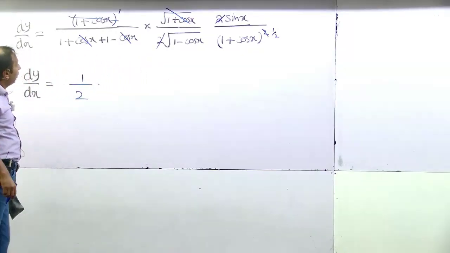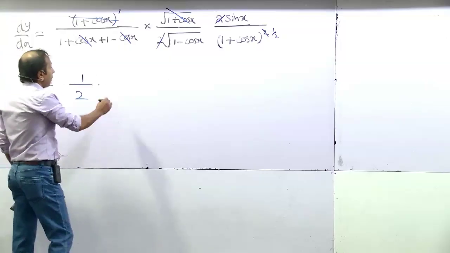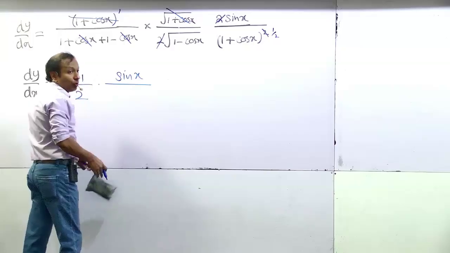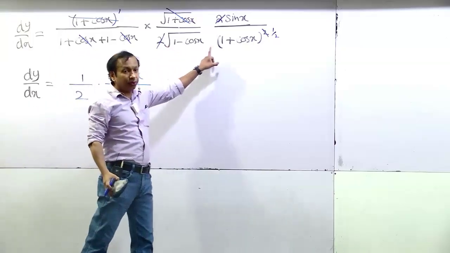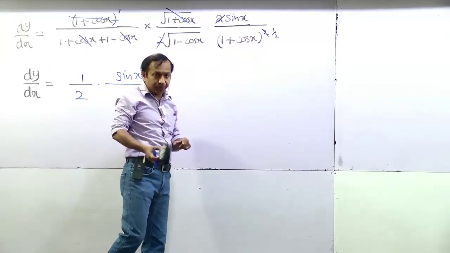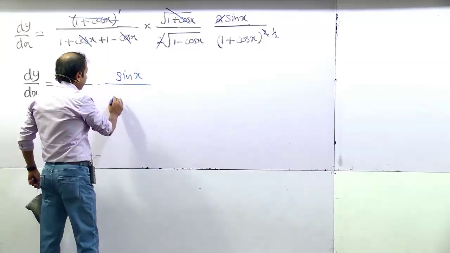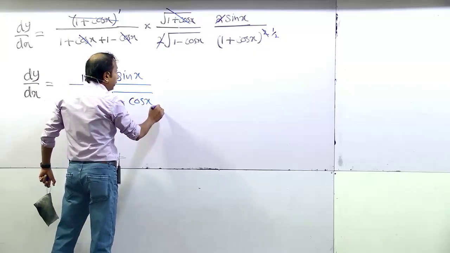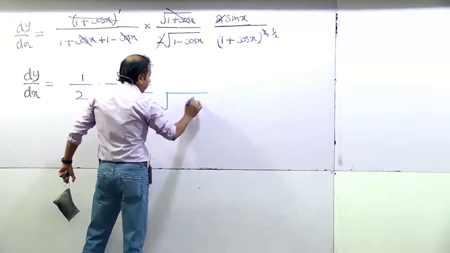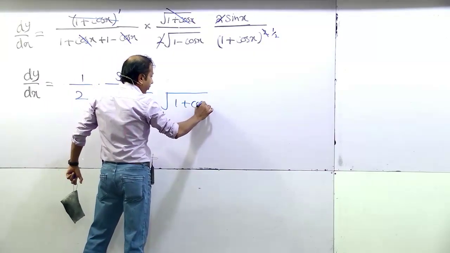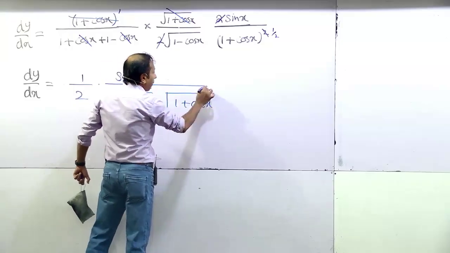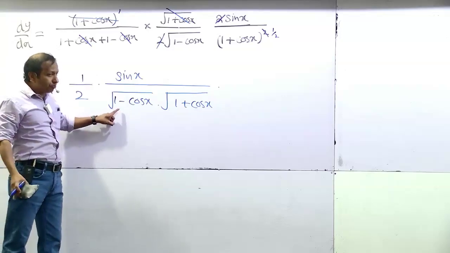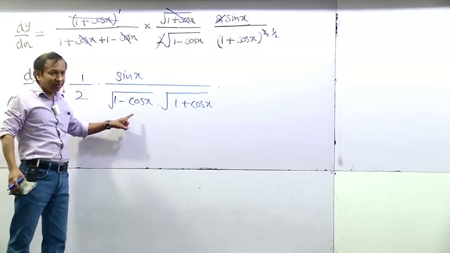Yes. Now what do you have? Numerator sin x. Denominator what? This into, here also power half means root, no? Yes. 1 minus cos 6 root into 1 plus cos 6 root. Tell me how to write this product of two roots.